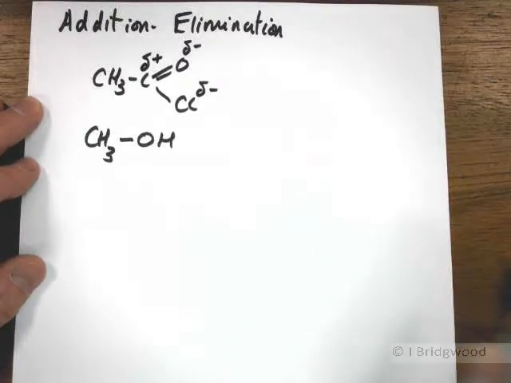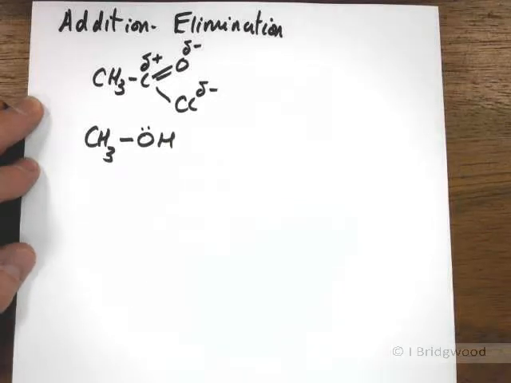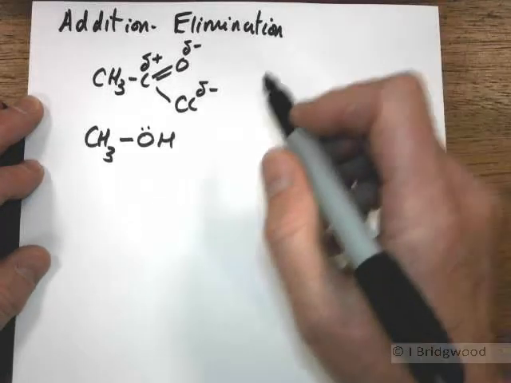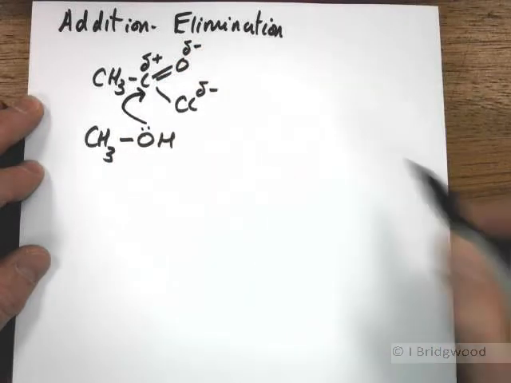And of course the oxygen of the OH group is a nucleophile. It's got an available lone pair of electrons which it can donate. So we're going to get nucleophilic attack of that carbon by the oxygen on the OH group. So you can show a curly arrow from that towards the carbon with the delta plus charge.